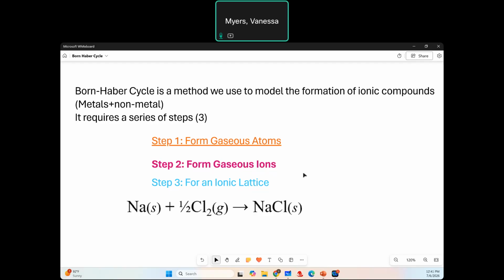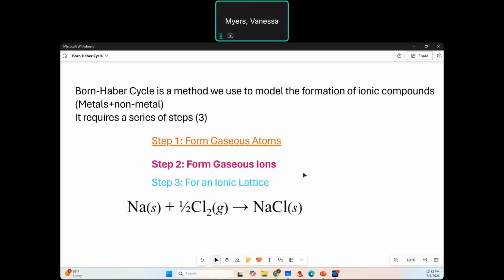You could be asked this problem in a number of ways. They could ask you for a diagram, which I'm going to draw for you as well. They could just ask you straight up, what is the reaction's enthalpy total? They could ask you for just one of the energies or one of the enthalpies that is associated with this reaction. So as I'm going through it, I'll point out what you could be asked, right?